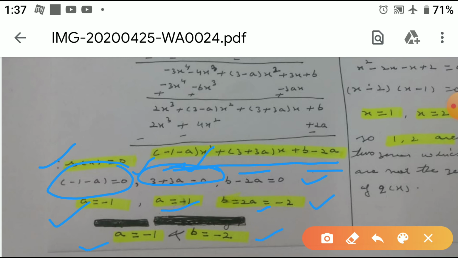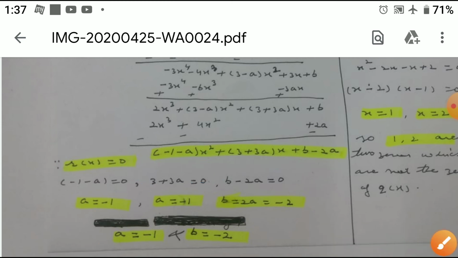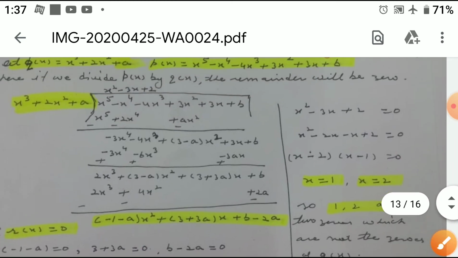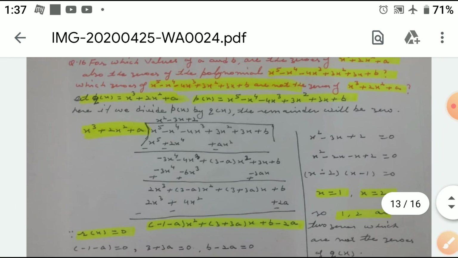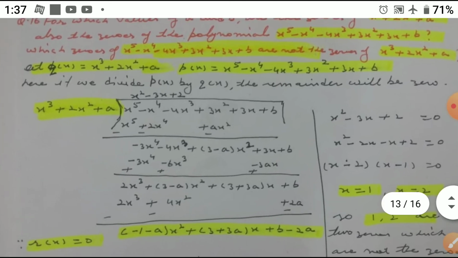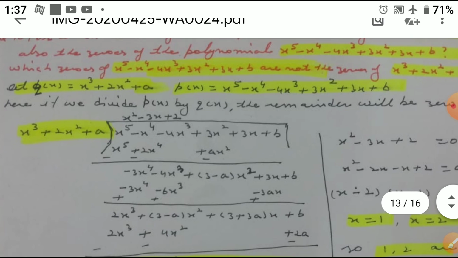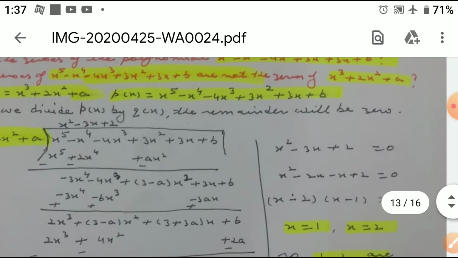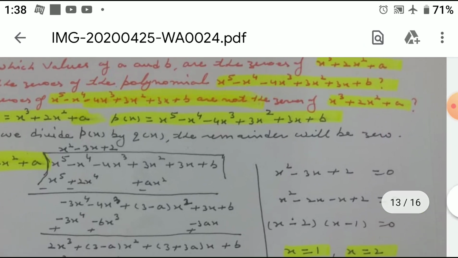Clear? Okay, now come to the second part, it is saying which zeros of px are not the zeros of gx. Now here, look at this quotient.